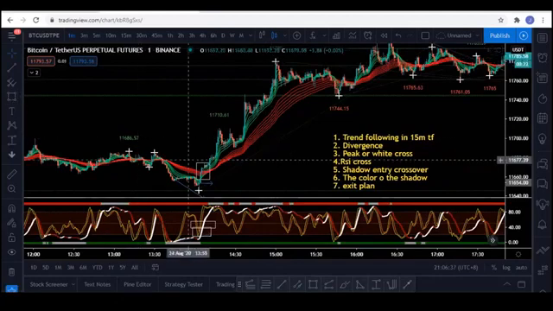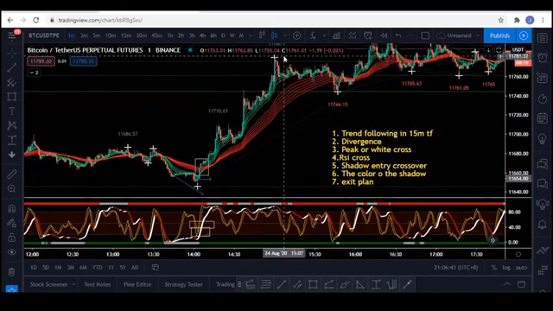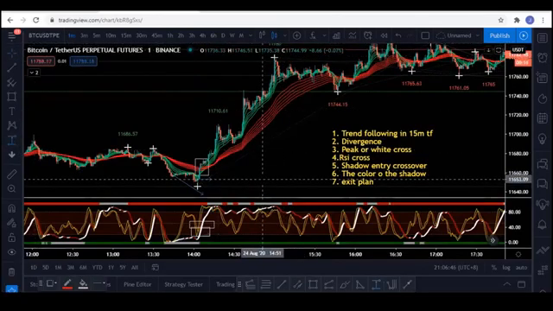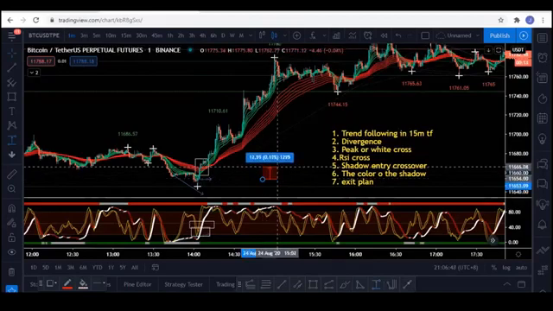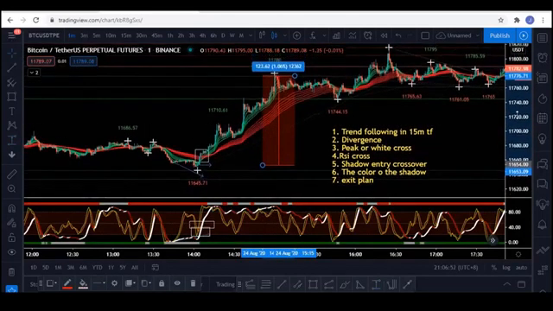This is your entry point and this is your exit point. So from there, let's calculate your gain. That is already a 106% PNL in 1 minute time frame.